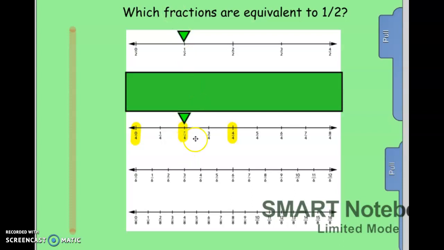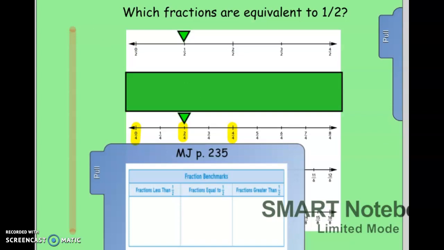Anything to the right of 1/2 is going to be greater than the 1/2 fraction. 3/4, for example, is to the right of 1/2. 3/4 is a greater distance from 0 than 2/4. 3/4 is also closer to our 1 benchmark.